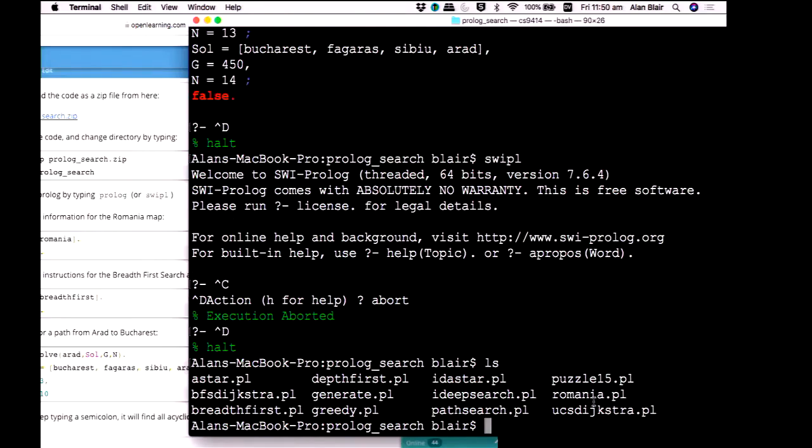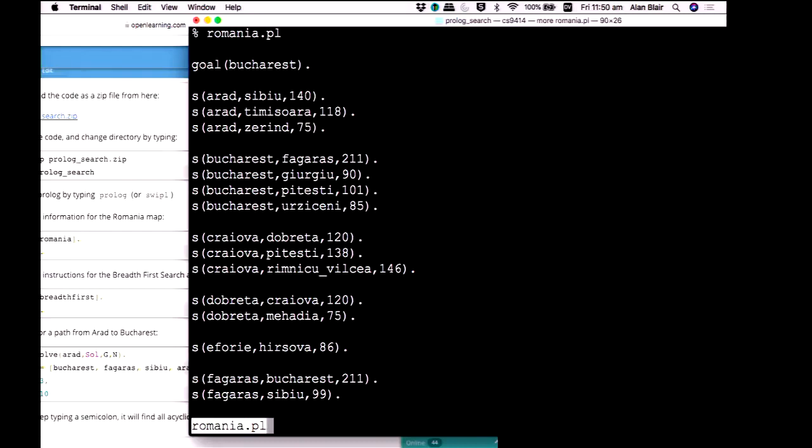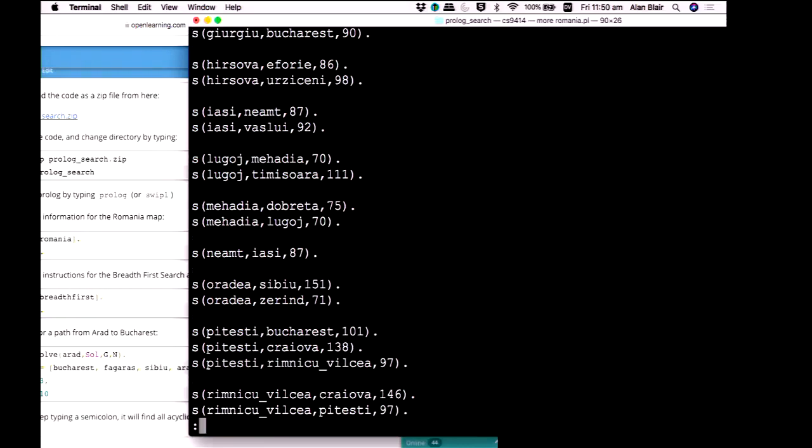And then there's Romania.pl, which simply lists the roads between different cities and tells you what the goal city is.